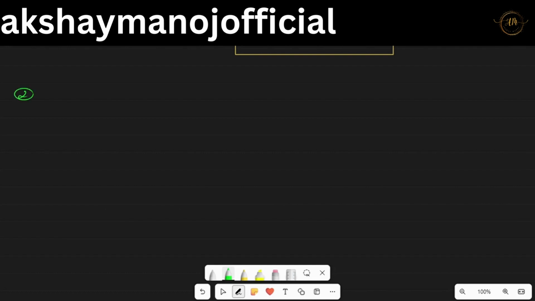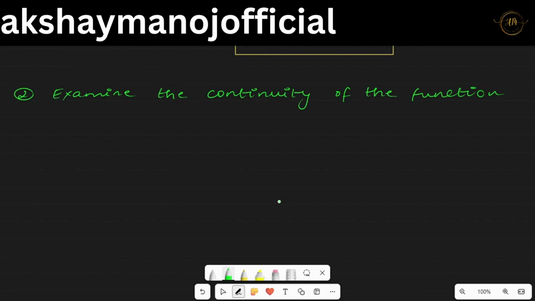The second question here reads like this: examine the continuity of the function f of x is equal to 2x square minus 1 at x is equal to 3.